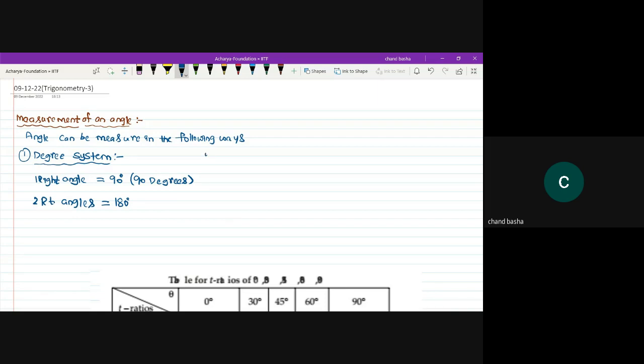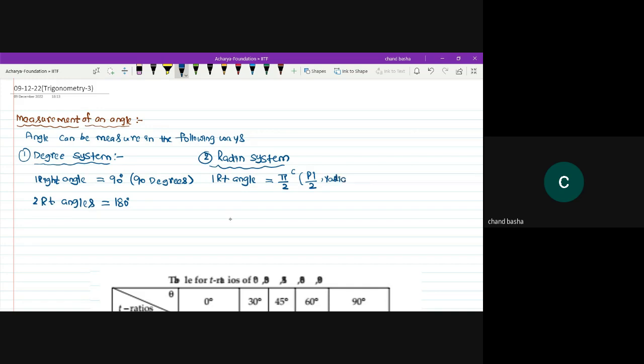The second one, method number 2, is the radian system. In this method, one right angle is equal to pi by 2 radian. The radian unit is C. We read it as pi by 2 radian.